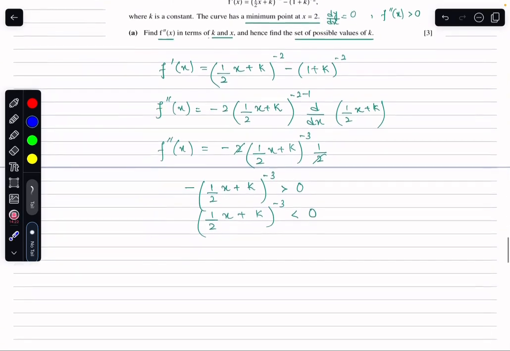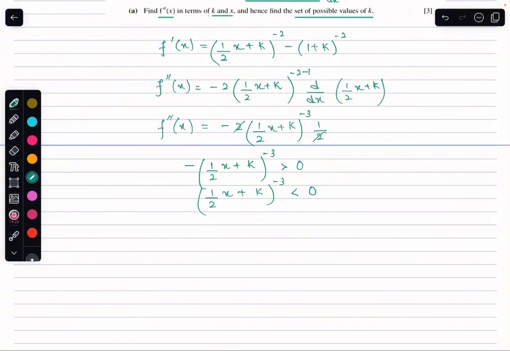So if x equals 2, I can simply substitute x as 2 here, and it's 1/2 times 2 plus k, which should be less than 0.